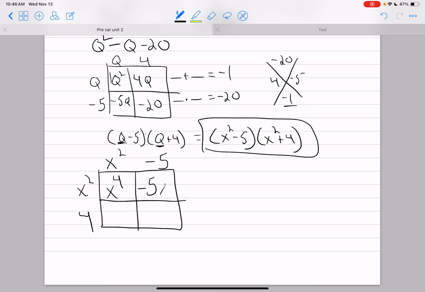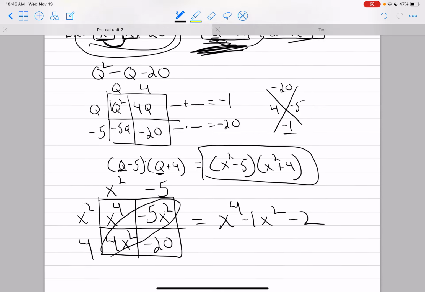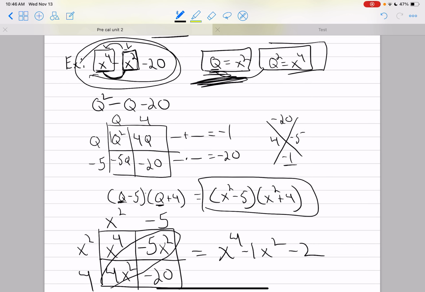This is minus 5x squared. This is 4x squared. This is minus 20. X to the fourth. Put those like terms together. That's minus 1x squared minus 20. Does that match? X to the fourth minus 1x squared minus 20. It matches. Boom, surprise.